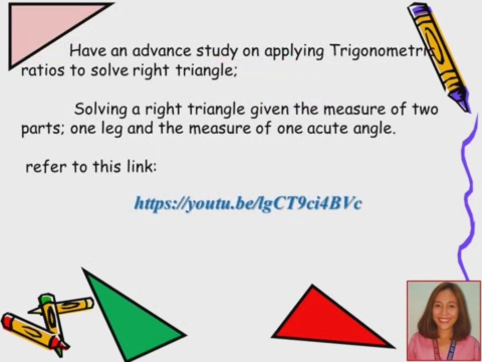Okay, so, dito sa additional activities ninyo, all I want for you to do is to have an advanced study on applying trigonometric ratios pa rin to solve right triangle. So, especially in solving a right triangle given the measure of 2 parts, yung one leg and the measure of one acute angle. What if isang leg at saka isang angle yung given natin? So, how are we going to solve the remaining sides niya, at saka hanapin again yung ating trigonometric ratios.